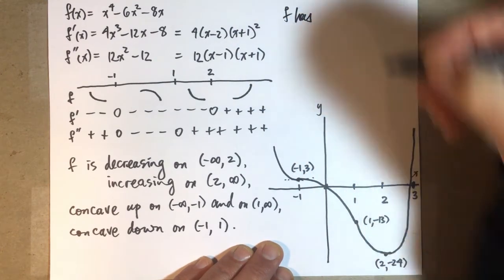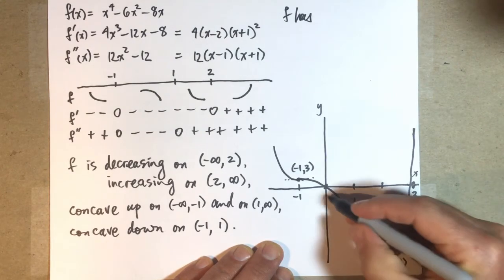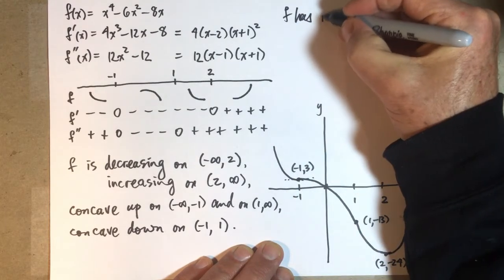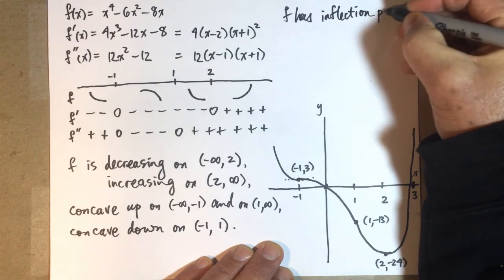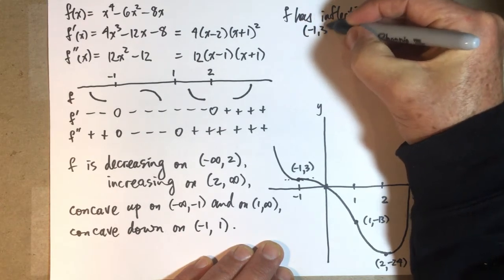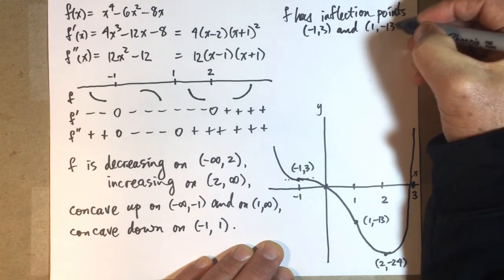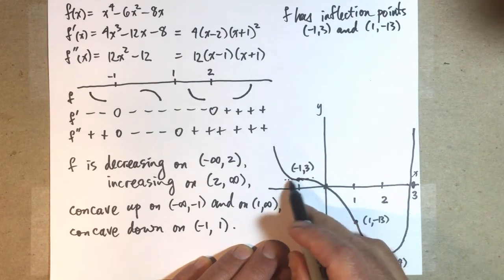There's another change in concavity at 1, minus 13, where the graph changes from concave down to concave up. So f has inflection points at -1, 3, and 1, -13. This inflection point has a horizontal tangent. This one does not.